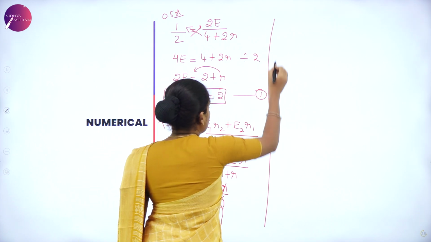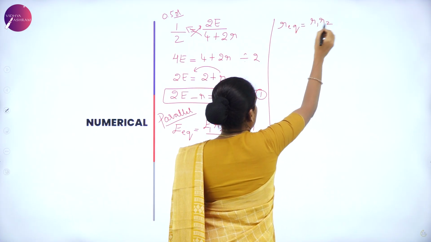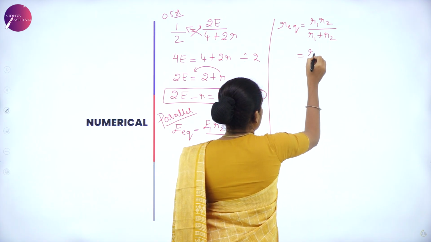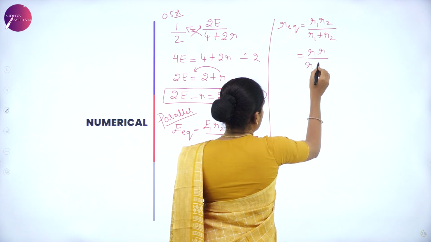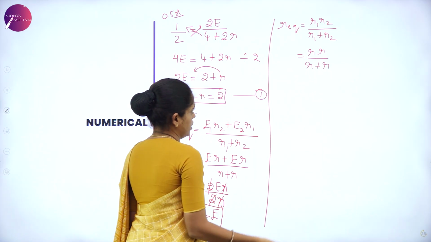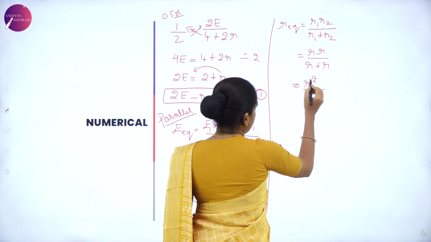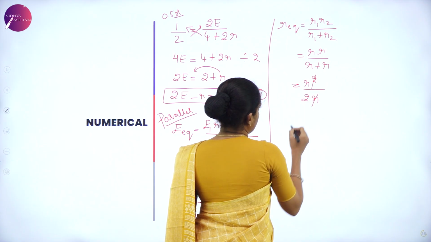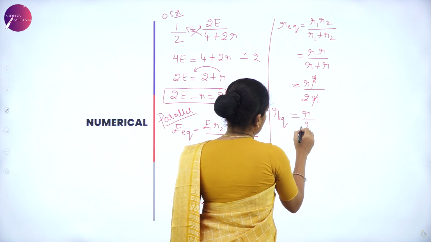Now let us calculate the R equivalent. R equivalent is equal to R1 R2 divided by R1 plus R2. R1 is R, R2 is also R, as they are identical. R into R is R square divided by R plus R, which is 2R, where one of the R gets cancelled. So R equivalent value is R divided by 2.